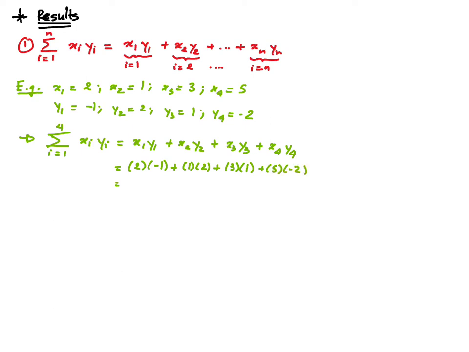So 2 times -1 gives you -2, 1 times 2 gives you 2, 3 times 1 gives you 3, and then 5 times -2 gives you -10. So if you do the math here, you get -7 as the answer.